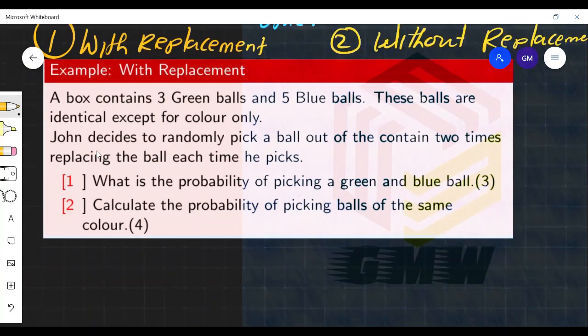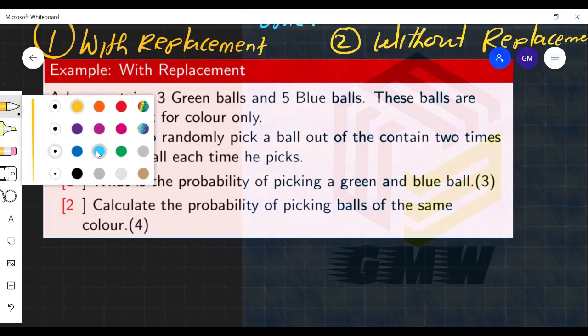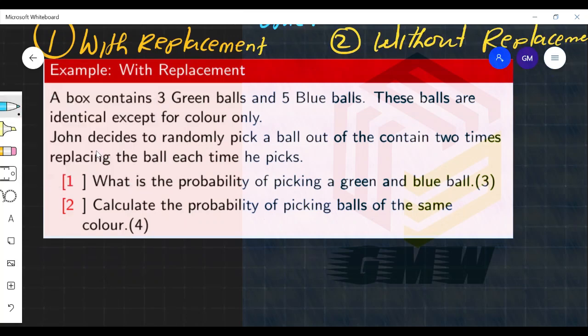So John decides. Now, when you are given questions, you are trying to pick what leads you to an idea or a formula. Look at this. John decides to randomly pick a ball out of the container 2 times, replacing. So this part which says 2 times is already directing you to consecutive events.